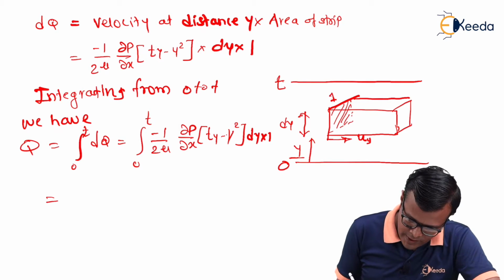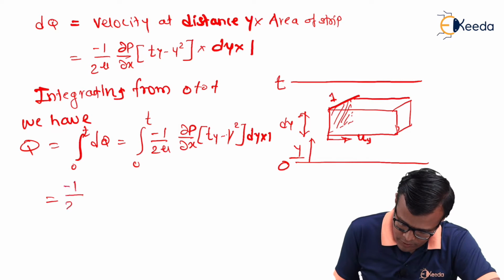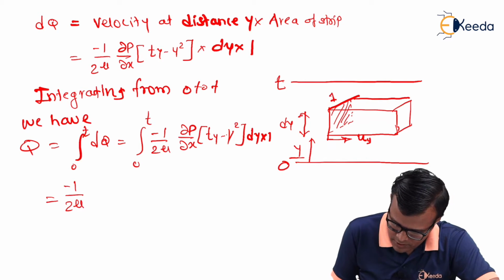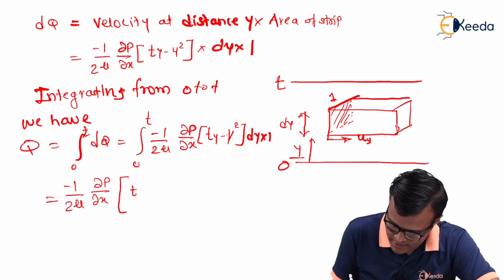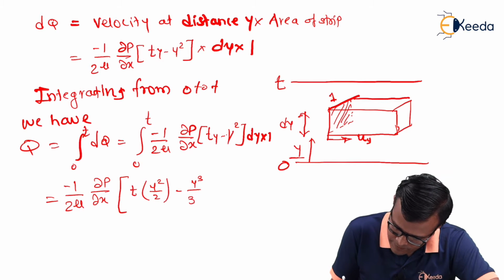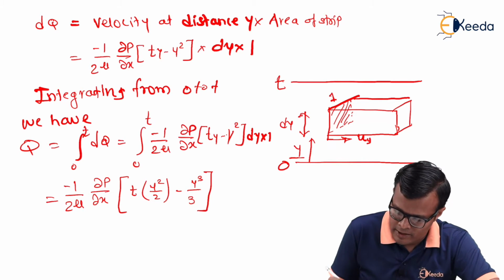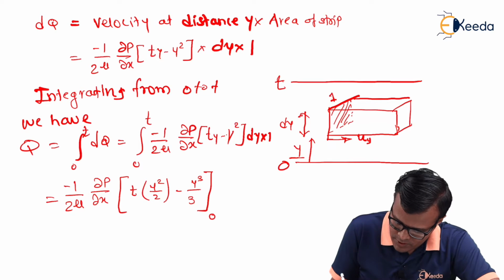Here the term minus 1 upon 2 mu is a constant, and del p by del x is also constant. t y has integration t into y square upon 2, minus y square having integration y cube upon 3, and this whole bracket has lower and upper limits from 0 to small t.